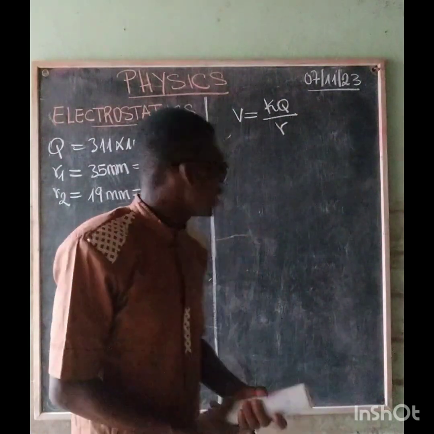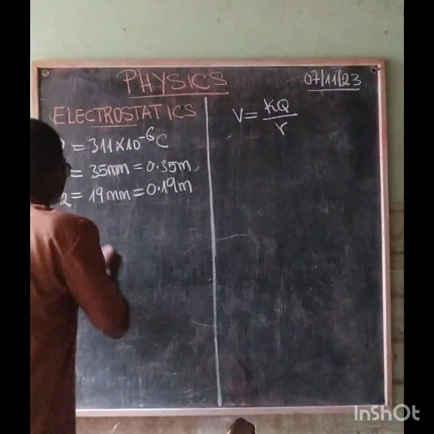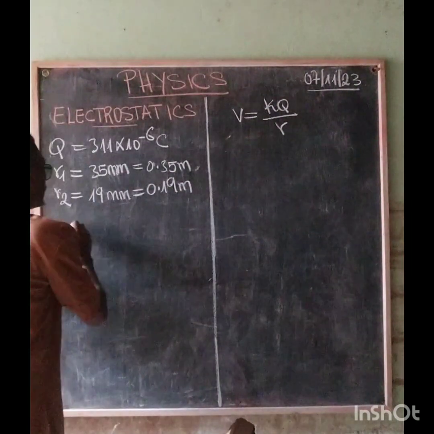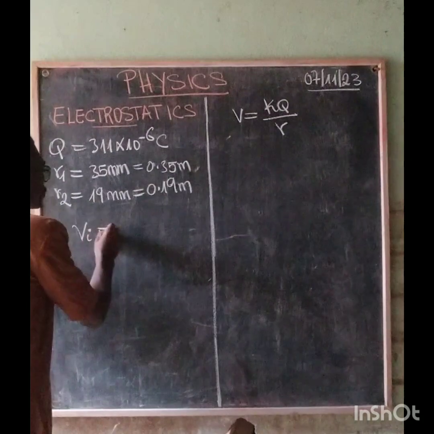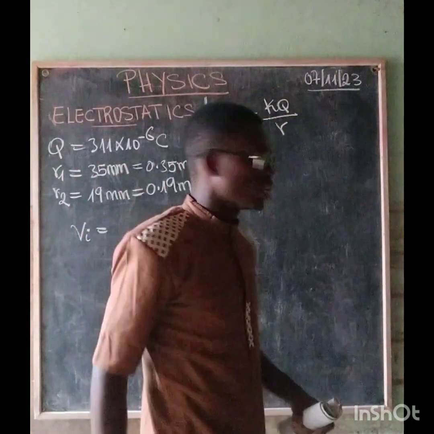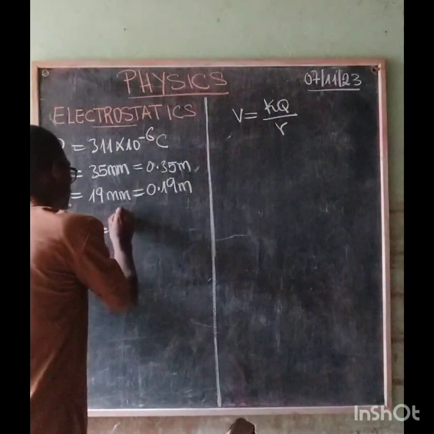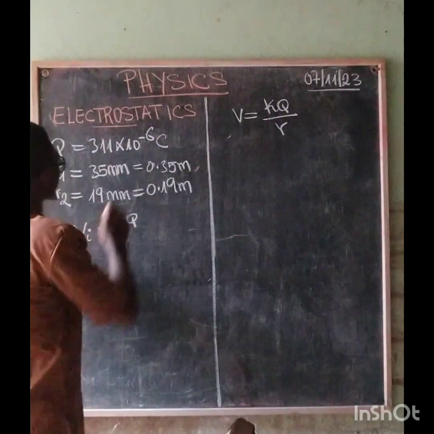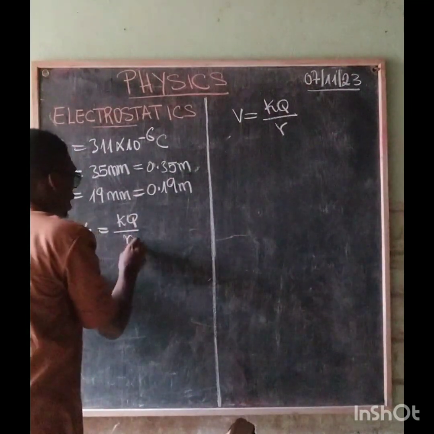So the initial electric potential will be equal to KQ, the same charge, on R1.